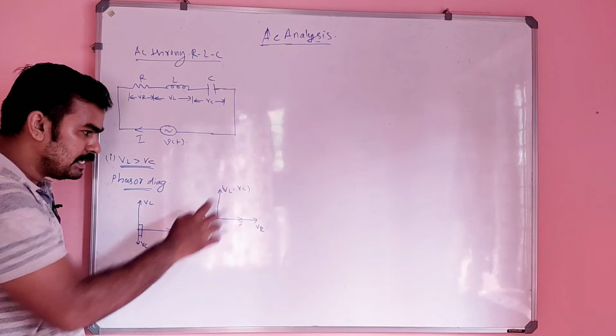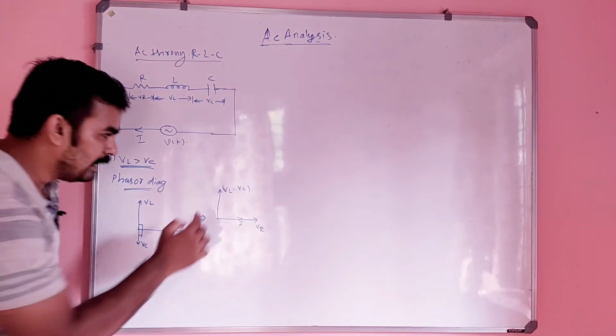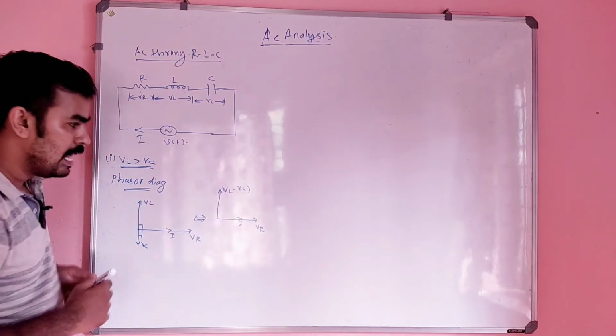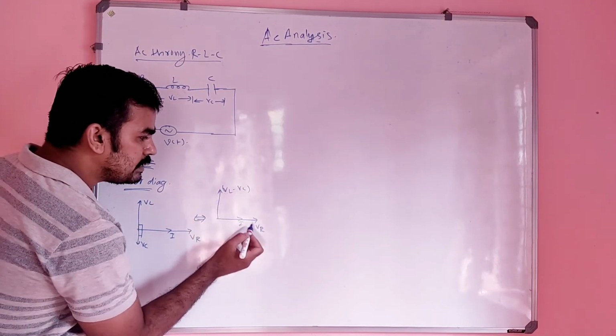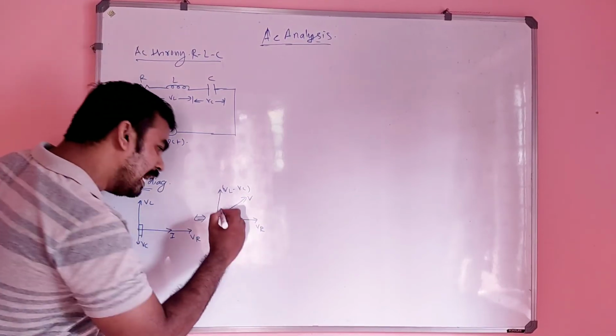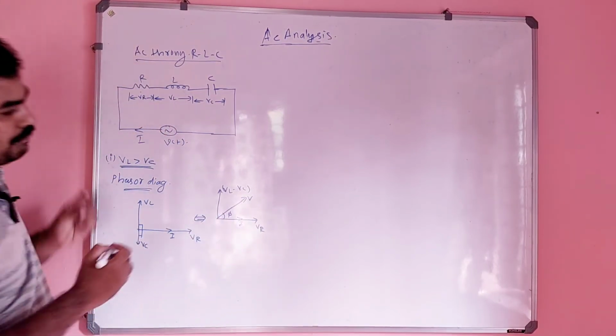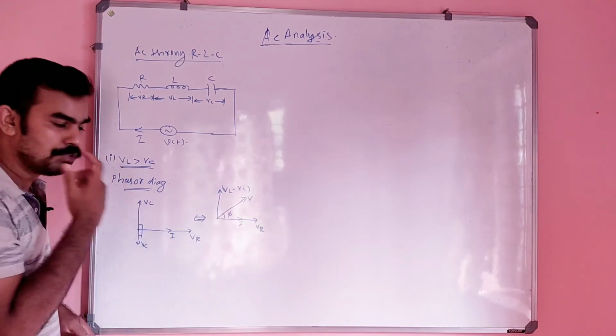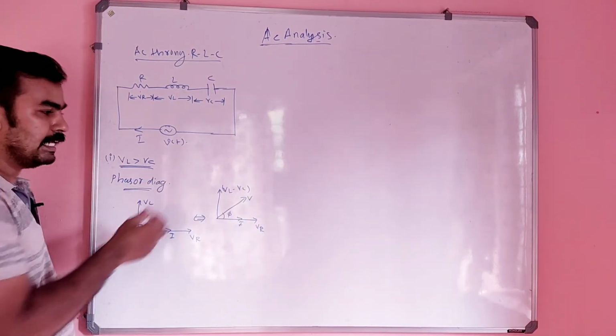So VL minus VC will be a single vector. Due to this VL minus VC and VR, there will be a resultant V, and that resultant will make an angle phi with the I. This is the concept of VL greater than VC.